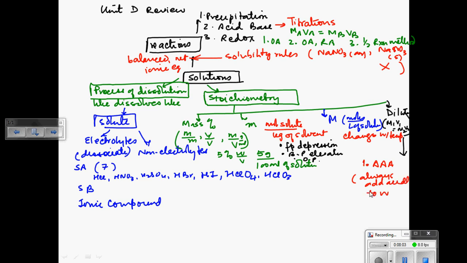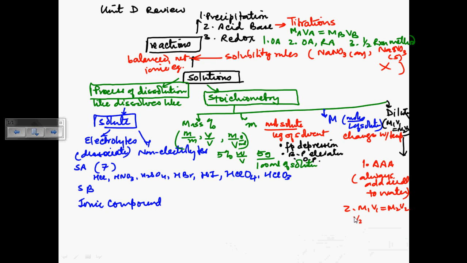Also, as you're using M1V1 = M2V2, keep in mind that V2 is the final volume of solution. So sometimes the question will ask you how much water should be added to make 0.1 molarity from a 2 molarity solution. If they're asking you for water, that answer will be different than the total volume of solution. So keep that in mind.